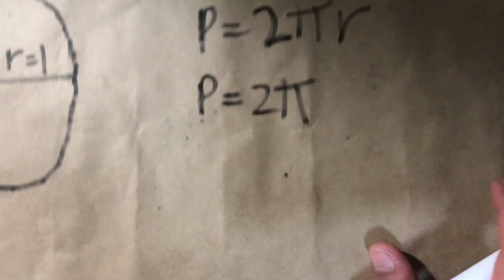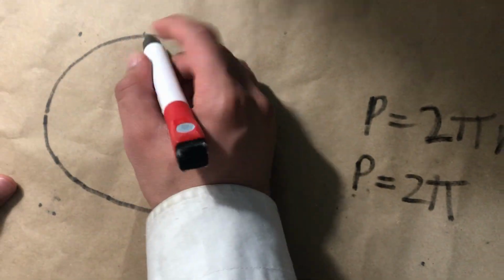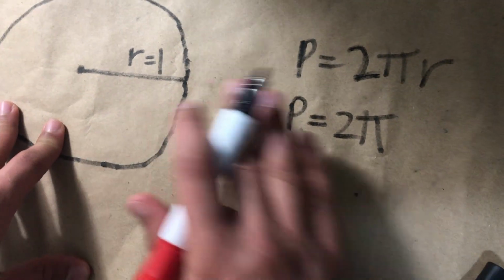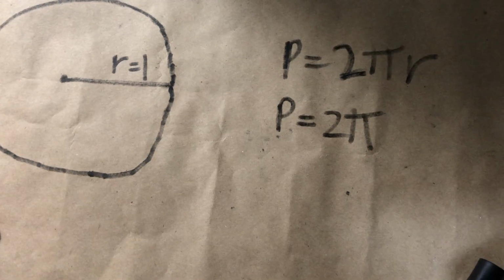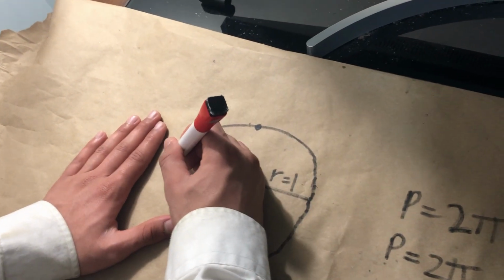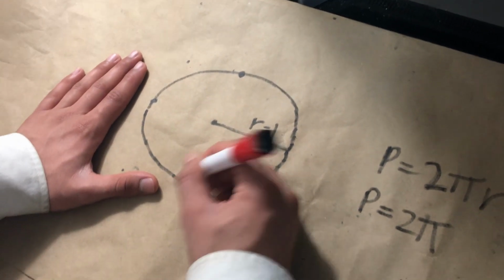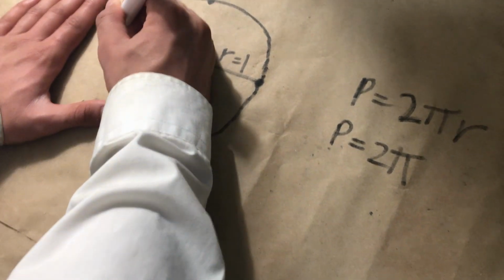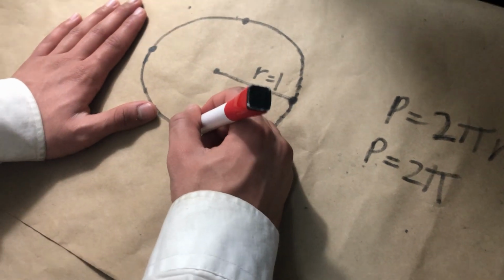And we're also going to insert a polygon to show that we can approximate the value of pi using polygons, which I'll show now. Okay, so here we're going to draw a hexagon because it's a nice robust shape, and we can start off using it.